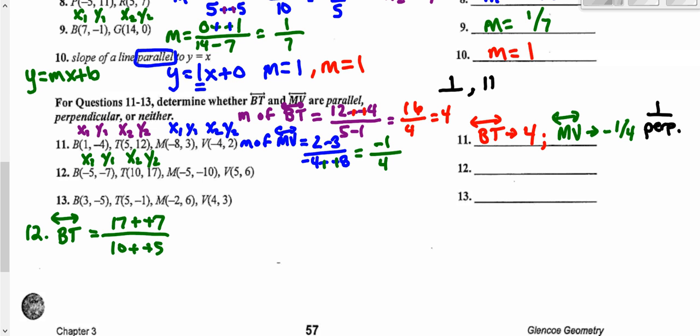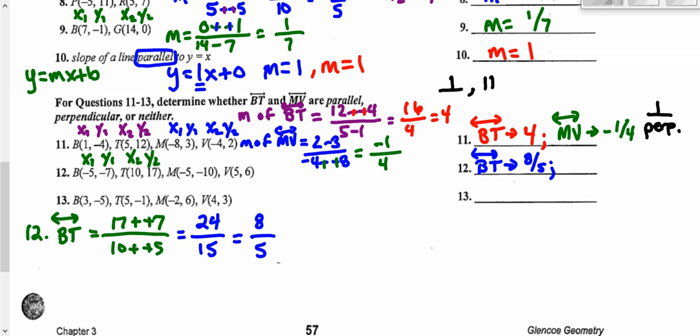Change those to additions because they're subtracting the negative, and we have 24 over 15. Now this can simplify because 3 goes into 15 5 times and goes into 24 8 times. So in this case, we have a BT which has a slope which is 8 over 5.